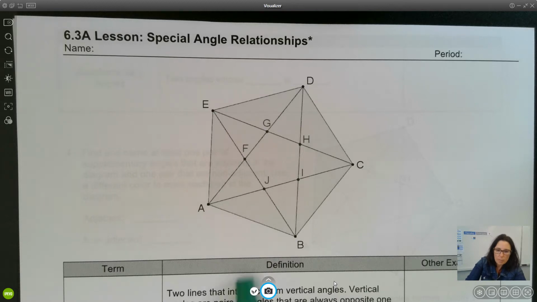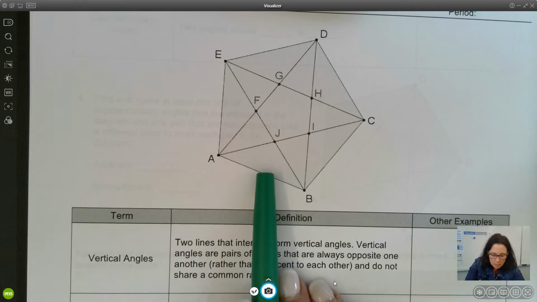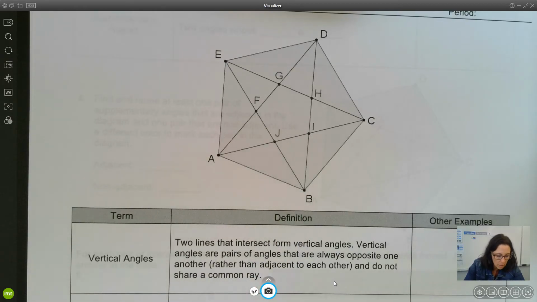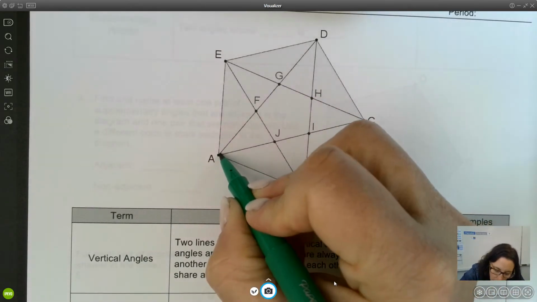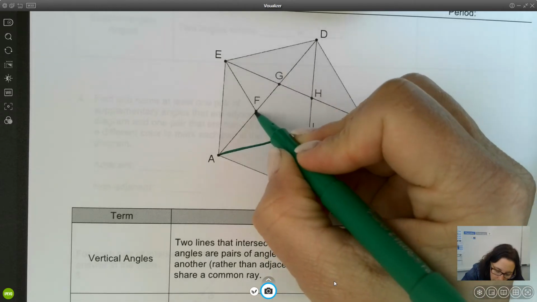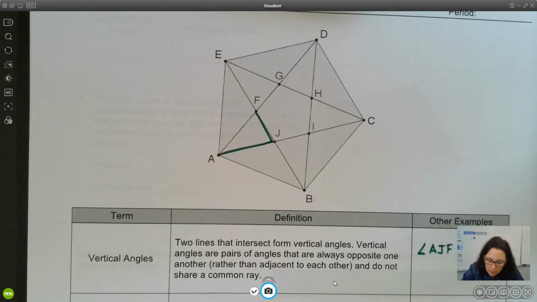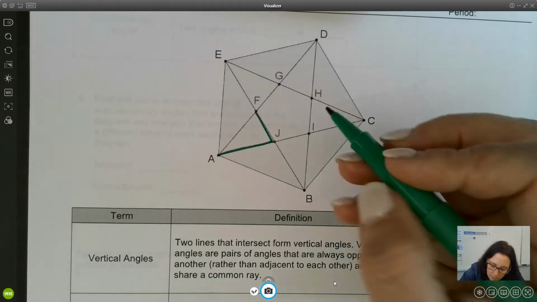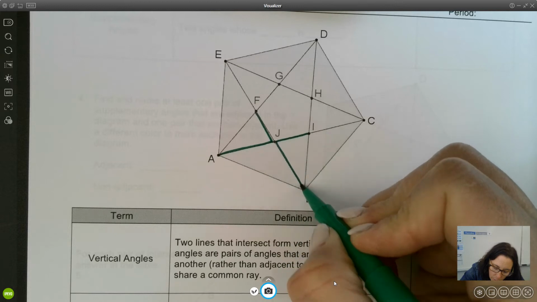Okay, so looking up at this picture up here, let's pull an example out of here. So angle AJF and IJB.